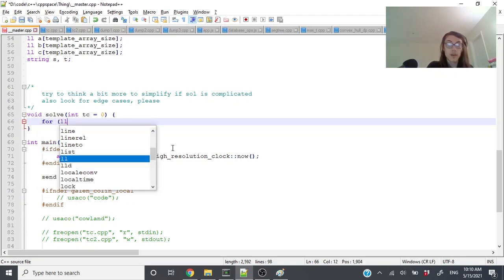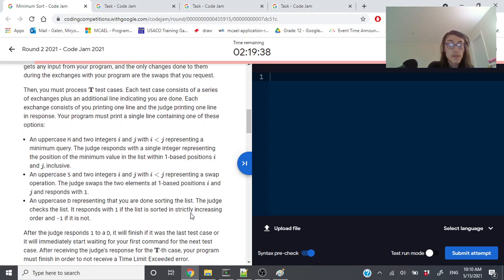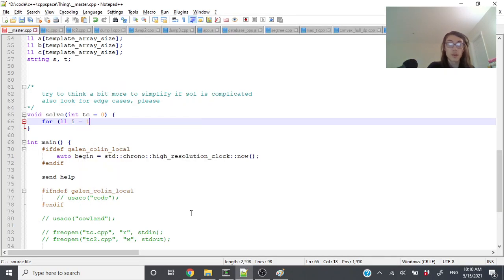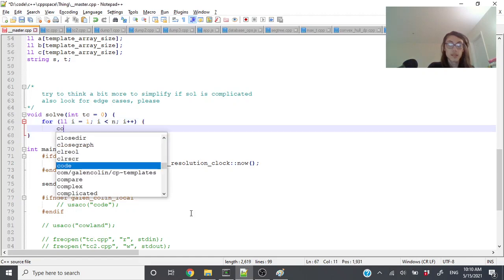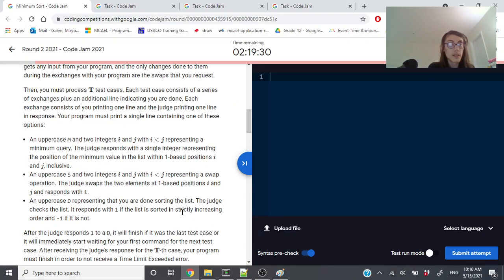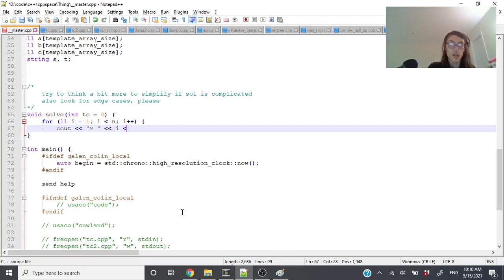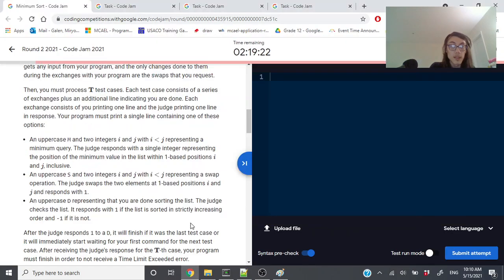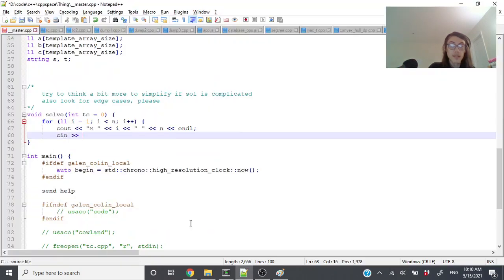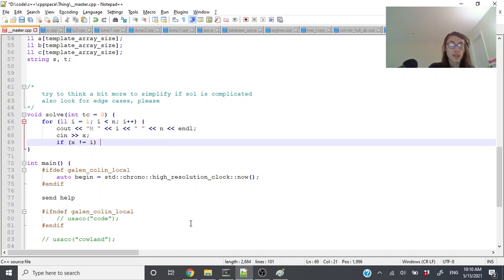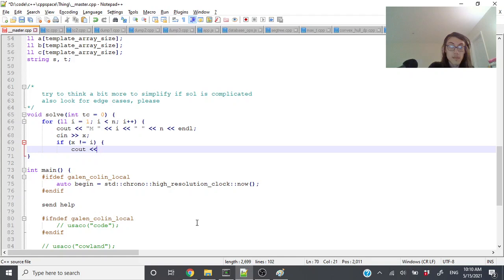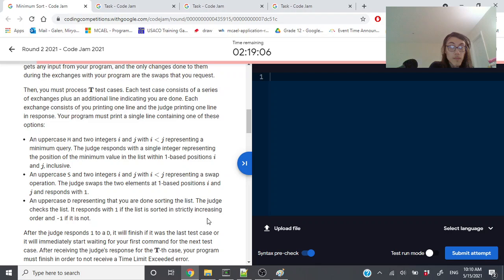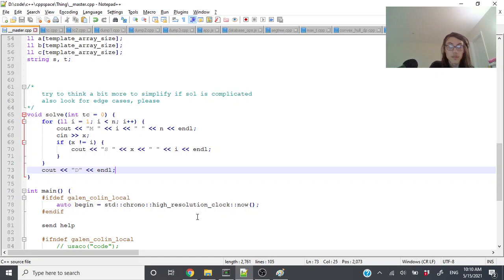So for i equals 0 or 1, i is less than n, i plus plus, query m, i, n, and print line, then cin into x. If x is not equal to i, then we do the swap. That should be it.